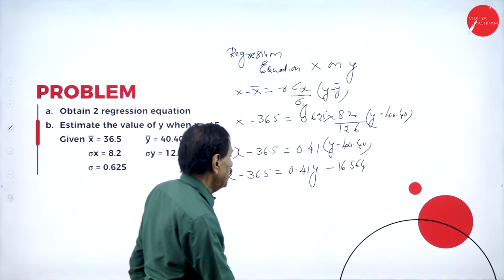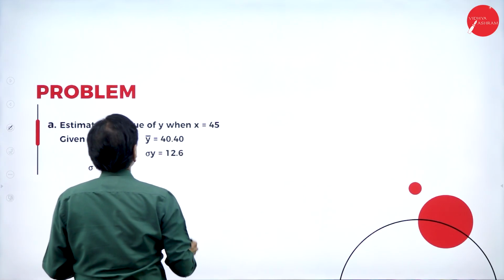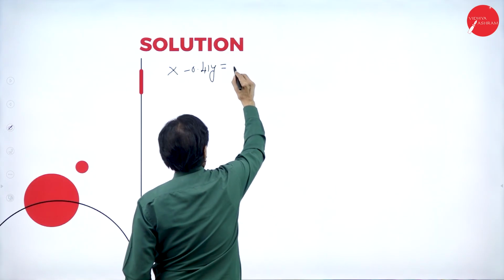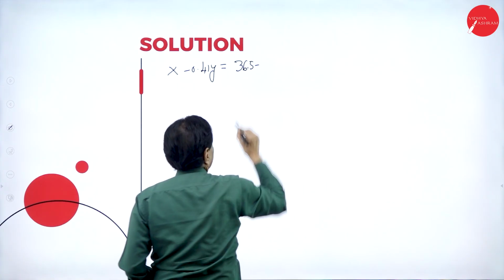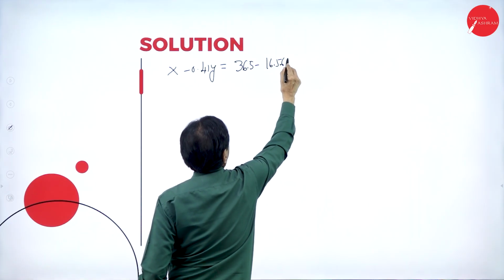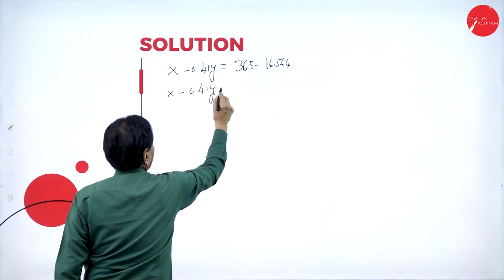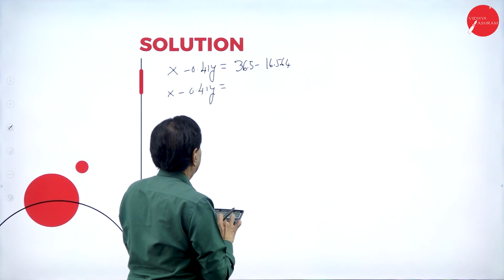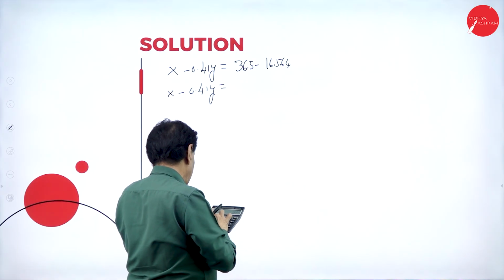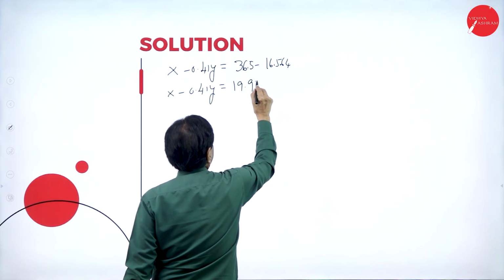That gives 16.564. Moving on, you take x here and 0.41y to that side. So x minus 0.41y is equal to 36.5 minus 16.564, which is 19.936.